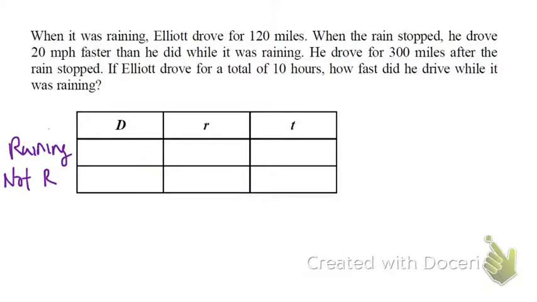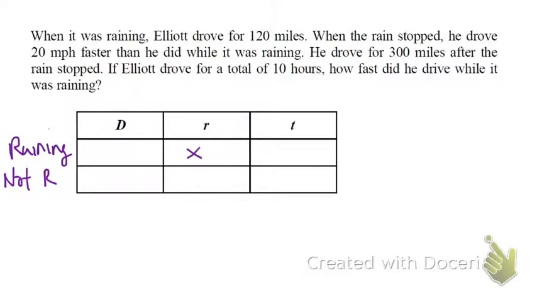Okay, did they tell us how fast he was driving while it was raining? 20 miles faster. While it's raining? No. They didn't give us any information about his rate while it was raining. They did give us some information for after. So we do not know what his rate was while it was raining, so that will just be X.